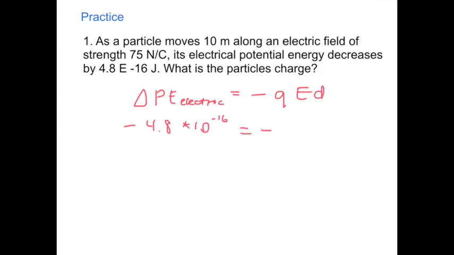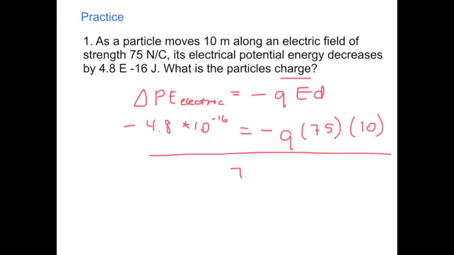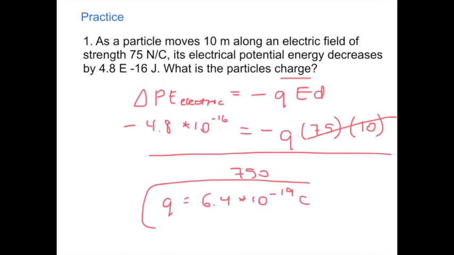That's equal to negative Q, which we're solving for because it's asking for charge, times the strength of the electric field, 75, and then it's moving 10 meters, so that's the displacement. So now if we divide both sides by 750 to get rid of the 75 and the 10, we get that the charge is equal to about 6.4 times 10 to the negative 19th coulombs.